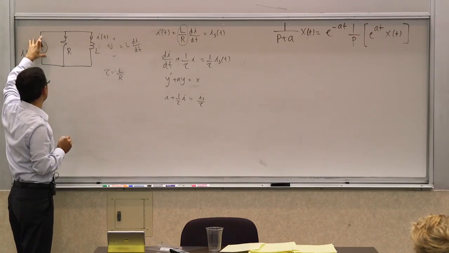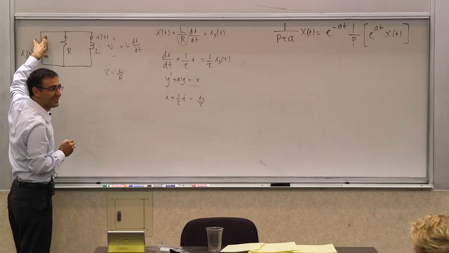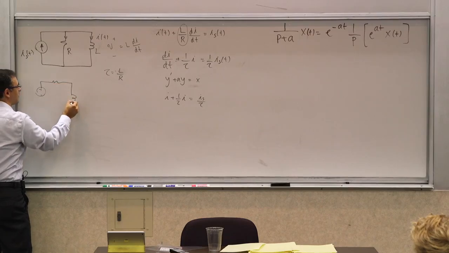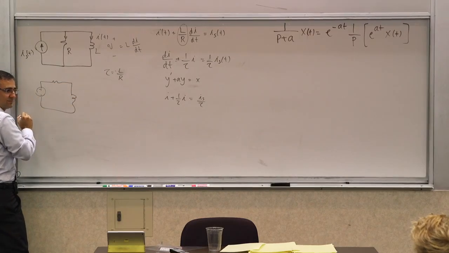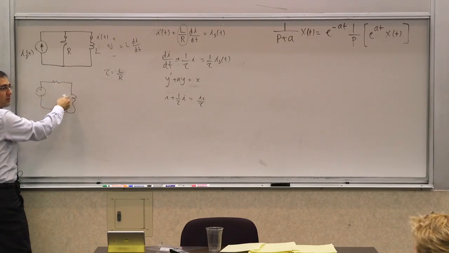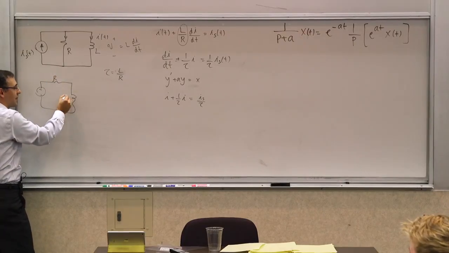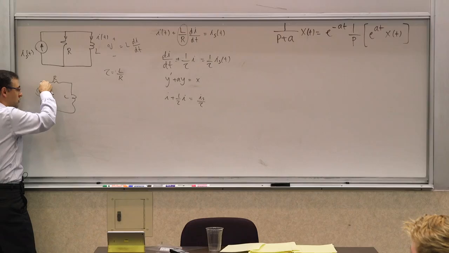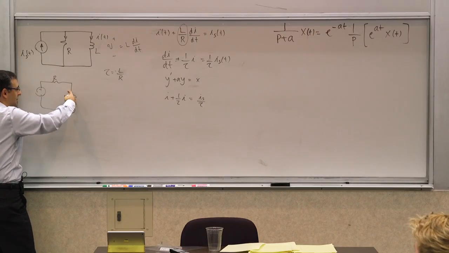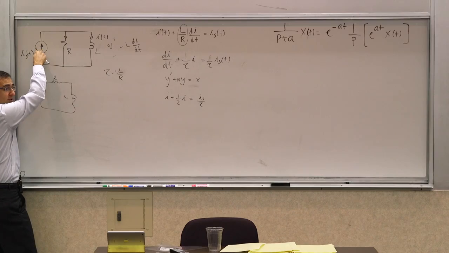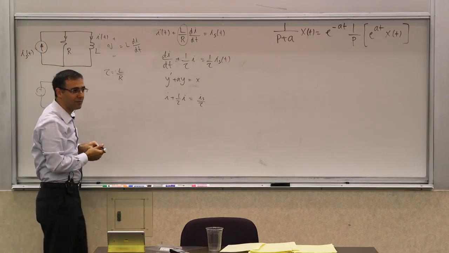You could have had a voltage source in parallel, and everything would have been interesting, and you can do it as an exercise if it was like this. And that's not a problem, because then, what would be the time constant in this case? If this is R, this is L, it's L over R again, right? Because you null this, it becomes a short, so the resistance seen across the inductor is R. But if you have it like this as a voltage source, then it basically short circuits it and nothing is left.